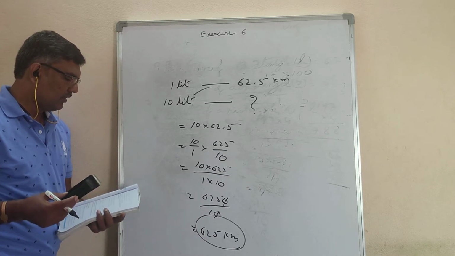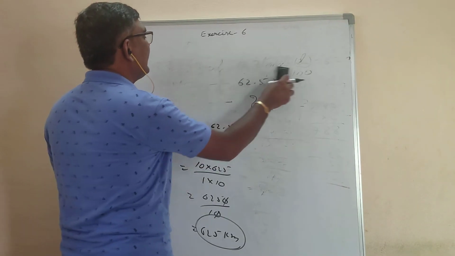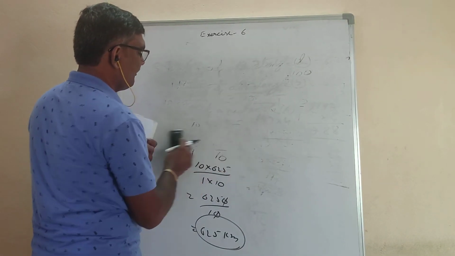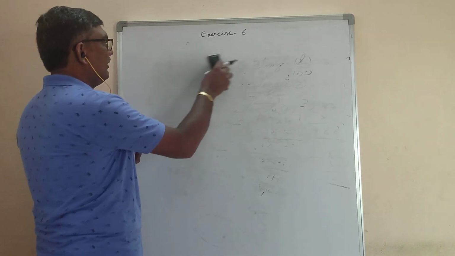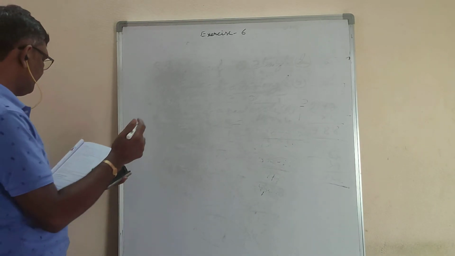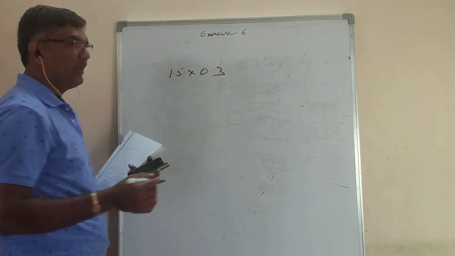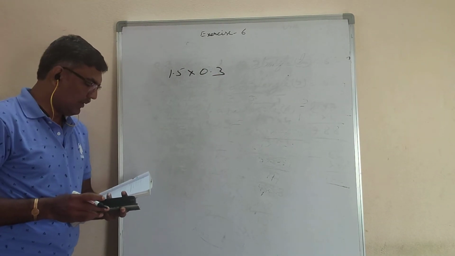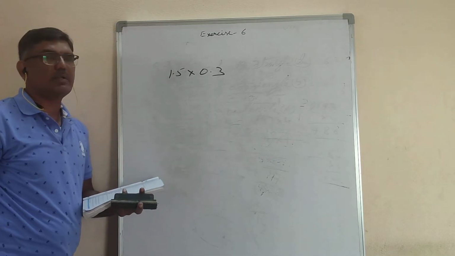So here, the fifth sum, multiplying a decimal number with a decimal number. Till now, we multiplied a natural number with a decimal number. Now, in these problems, you have to multiply a decimal number with a decimal number. 1.5 is decimal, 0.3 is decimal.